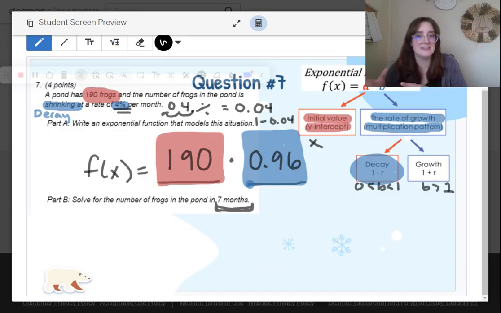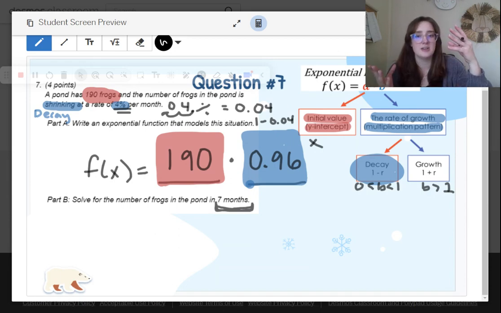Dependent variable is Y. It's depending on X, the variable X. So we're thinking months. All right, months is like time, right? Is time happening on its own, or is the month going to determine how many frogs are in the pond?